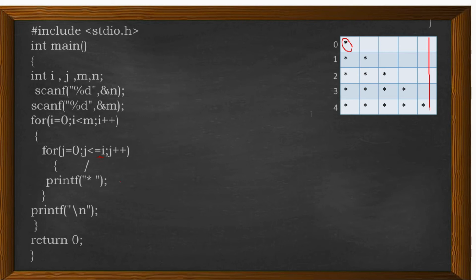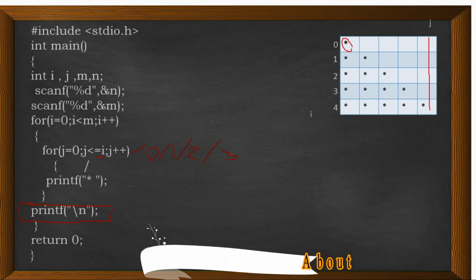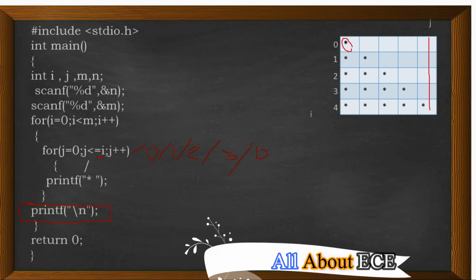So in this way the program works. What if you did not include this line? Everyone will have a doubt. In the first case, j will be 1 and it gets printed at position 0, 1. Later j will be incremented to 2, later 3, and later 4, right?